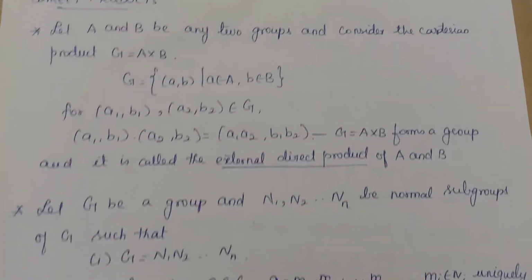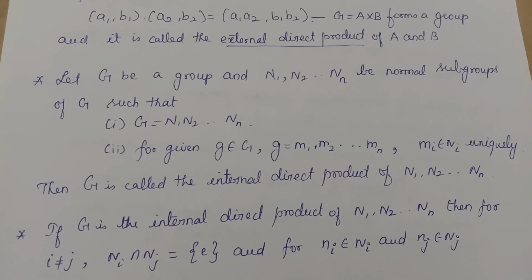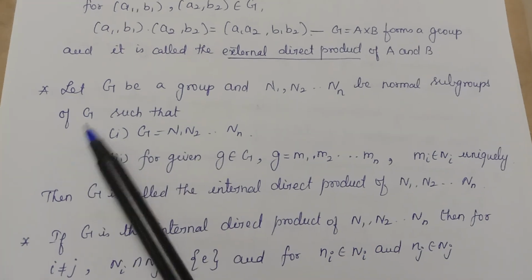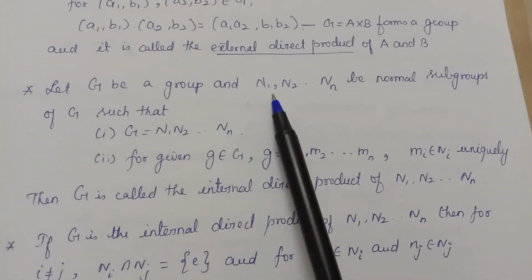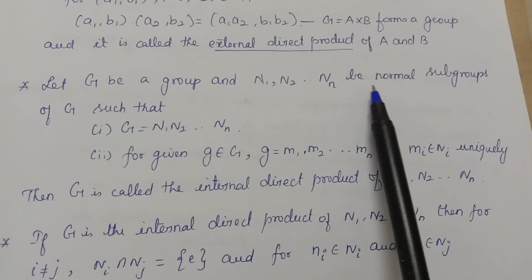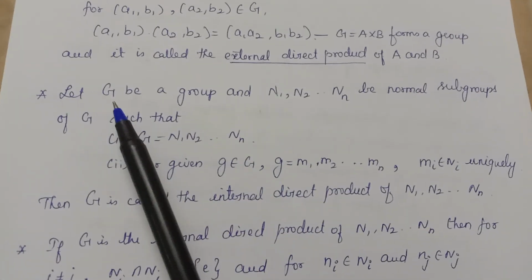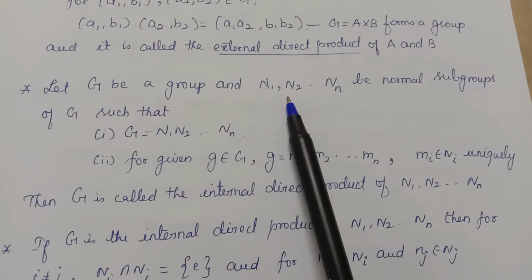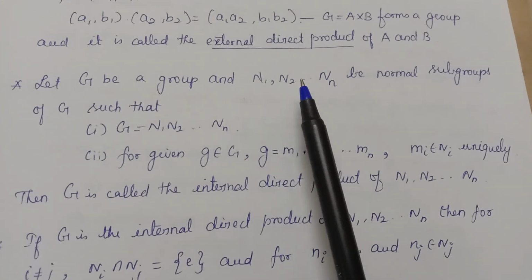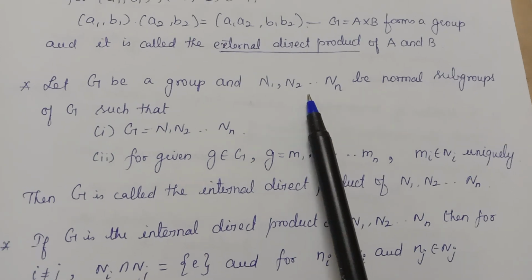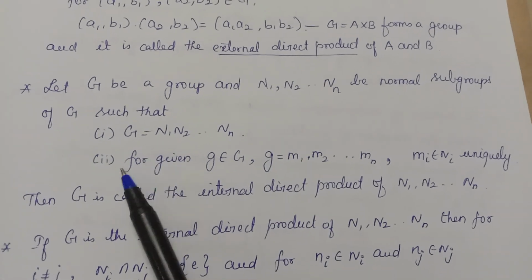Next one, internal direct product. Let G be a group and N1, N2, etc., Nn be normal subgroups of G. So from a group G, I am taking a collection of normal subgroups, such that G satisfies these two conditions.